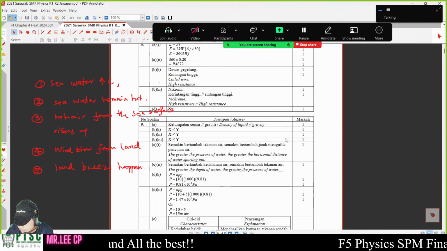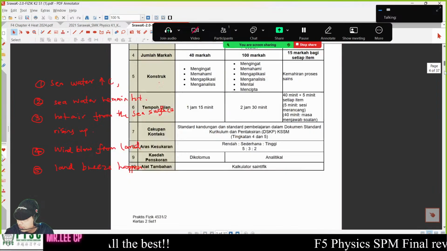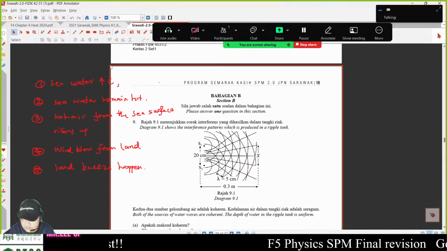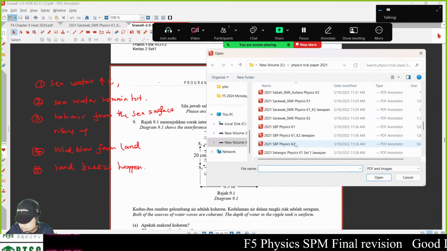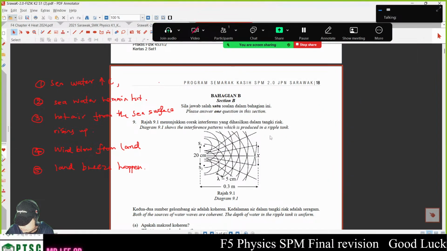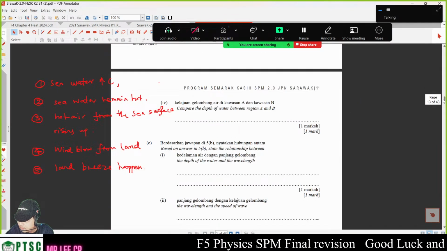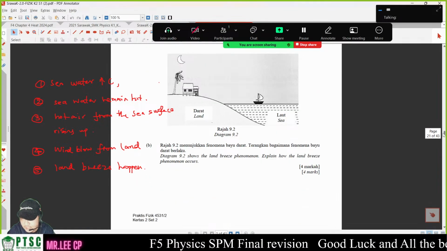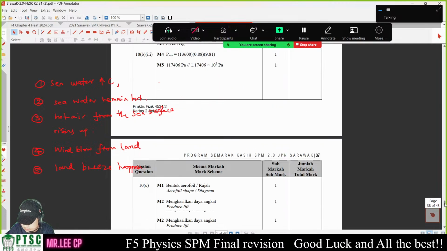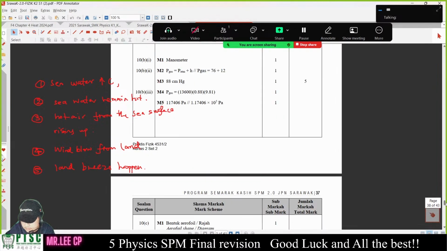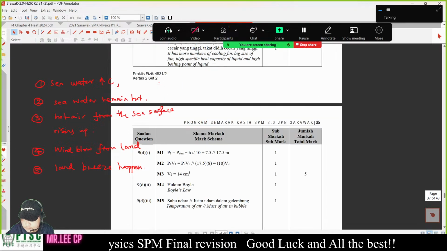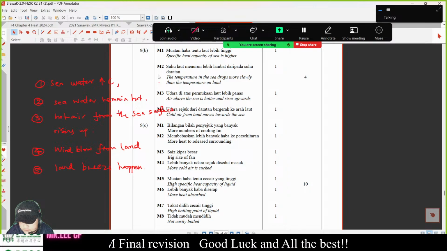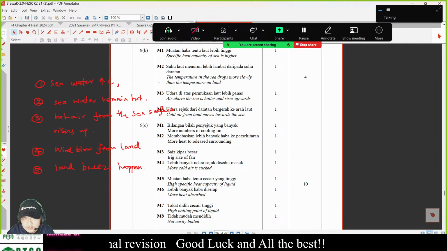This one. Question number 9. Let me see. No, not this one. I reopen. Sarawak. Question number 9. This question. So question number 9, you see the answer here. Okay, this one is a 4-mark question. Yeah, so hard to see. Wait.